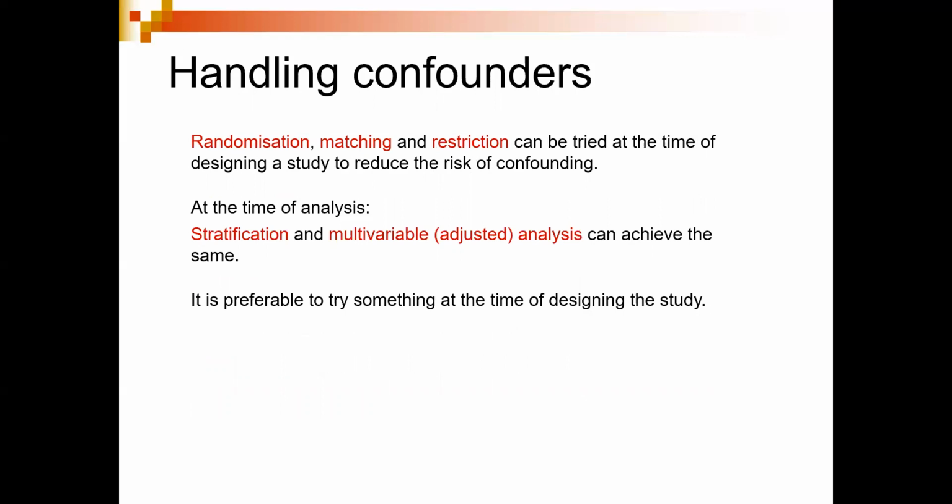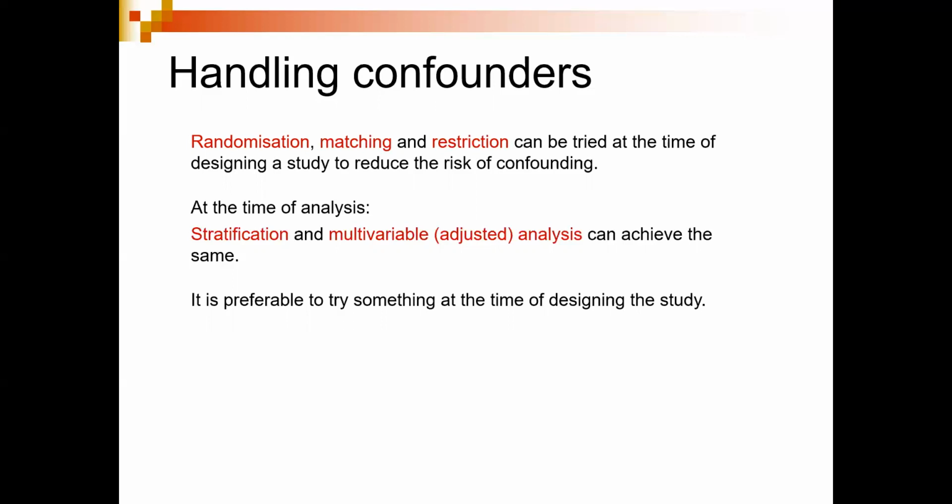Then, just a repetition of the same thing: your randomization, your matching. We do this at the design stage. At the time of analysis, you do your stratification, and then you can do your multivariable analysis to achieve the same thing.